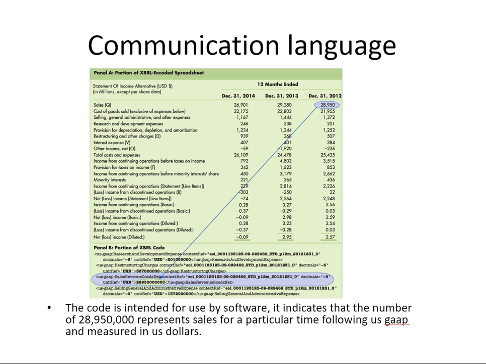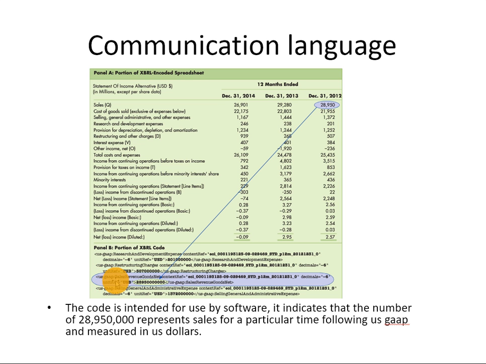So this is the information showing you what XBRL is. If you look at this number, 28,950 for sales, it's just one number. But if you look at the coding, it has a lot of tags.